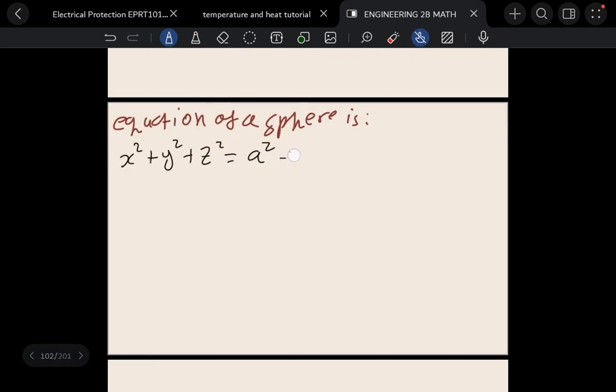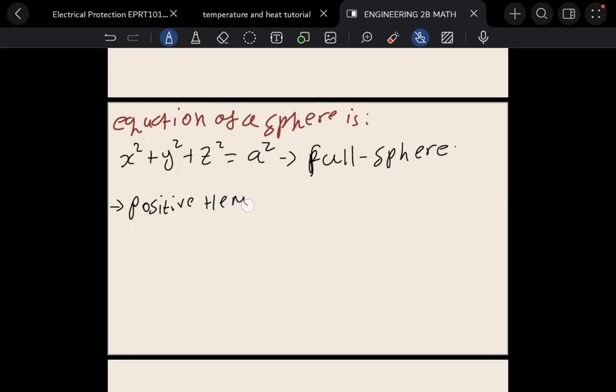Now, this is an equation of what? Of a full sphere. If a circle has a semicircle, here we need to have something called a positive hemisphere, which will be given as z equals the square root of a squared minus y squared minus x squared.